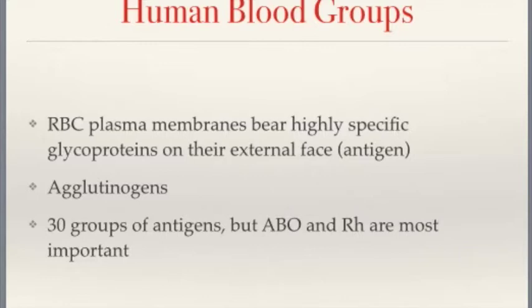This specialized type of antigen on red blood cells is called an agglutinogen. There's 30 groups of these agglutinogens, but ABO and RH are the most important. And we're really just going to focus on ABO, actually. Don't worry too much about RH. It's really the same concept, but let's just focus on ABO and master that, okay?